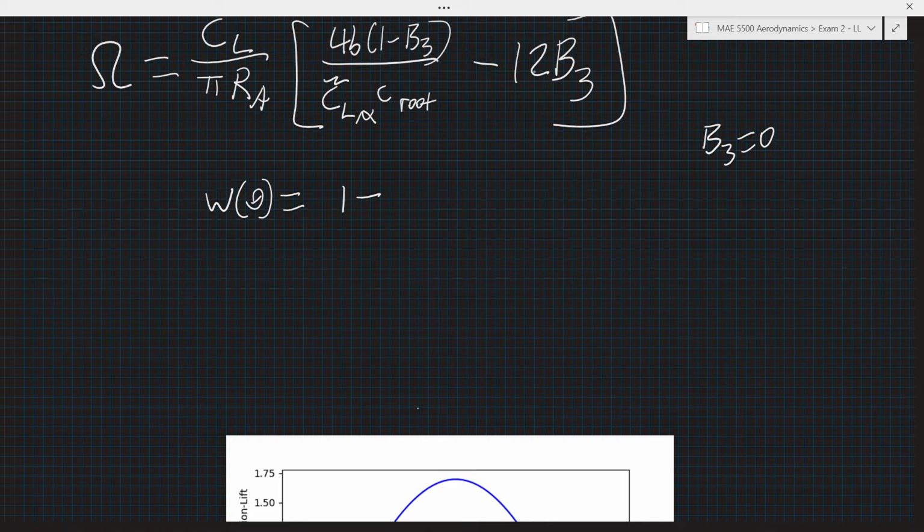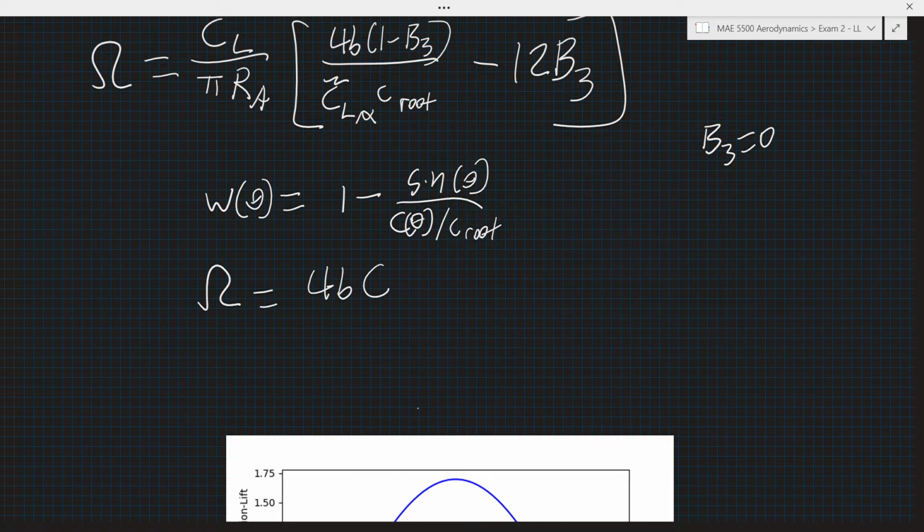That's just going to be 1 minus sine of theta all over c of theta divided by c root. And then our omega becomes 4b CL divided by pi RA CL alpha tilde c root. Okay.